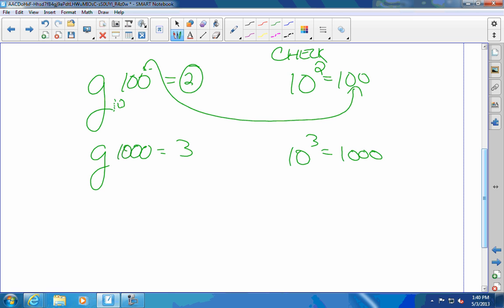Okay? So here I'm going to do a little different. What's that going to be? Not -2. How would you read that? How would you write that as a fraction? 0.001. 1/1000th, yes? Which is 10 to what power?